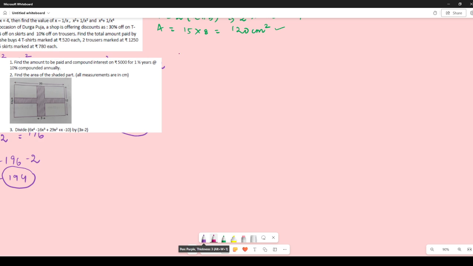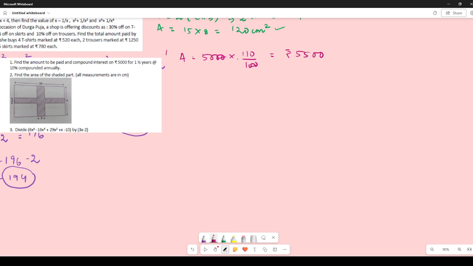So what you do is, you first find the A, that is A is equal to 5,000 into rate 10%, 110 by 100 for 1 year only, right? So you will find it as 5500.